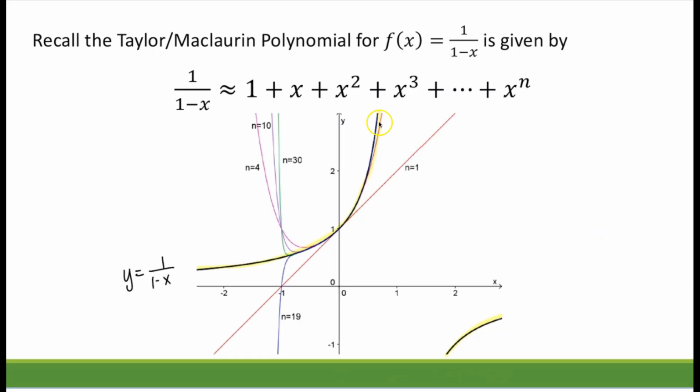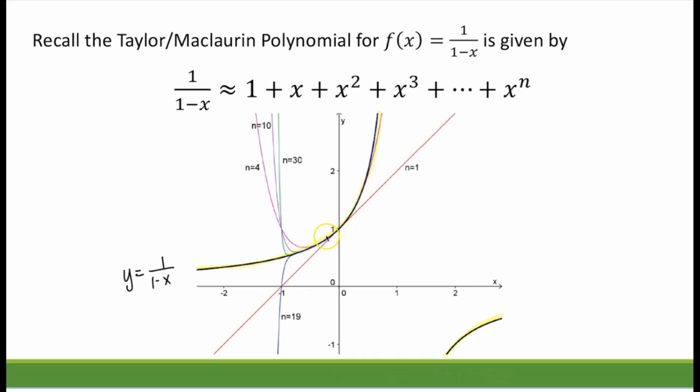And then here are some Taylor polynomials represented on the same xy plane. So the n equals 1, the first degree Taylor polynomial, would just be 1 plus x to the first. So it's just this line.